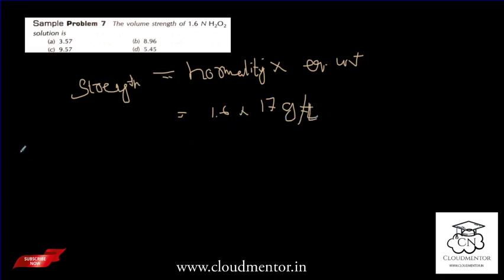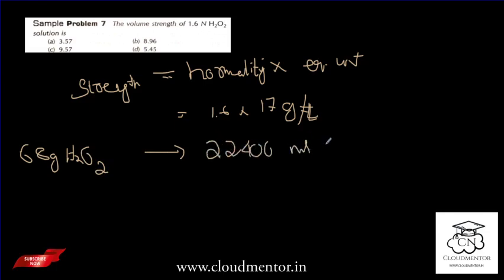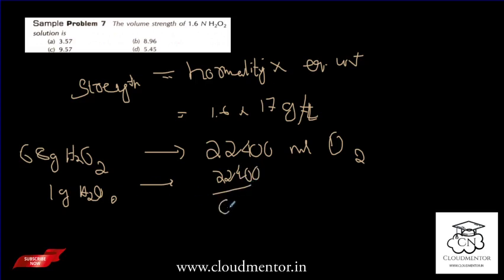Now we know that 68 gram of H2O2 gives 22,400 milliliter of O2. So 1 gram of H2O2 gives 22,400 divided by 68 milliliter of oxygen.